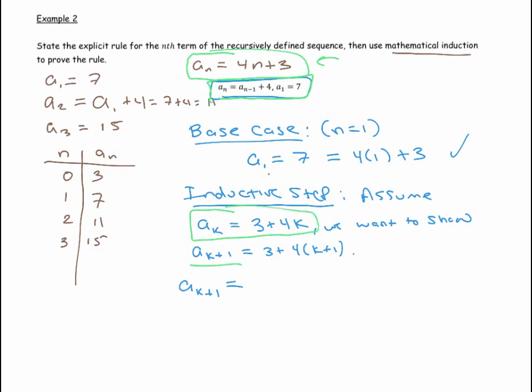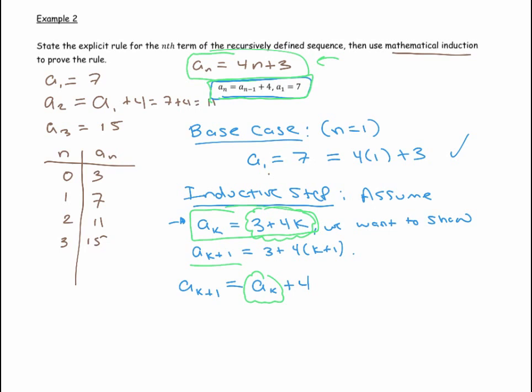So the first thing I'm going to do is use the recursive rule, and then we're going to use the inductive hypothesis. According to the recursive rule, any term is the one before it plus 4. So for our k plus first term, that is the one before it plus 4. So we're allowed to use that. And now I'm going to use my inductive hypothesis. I'm going to replace this with that.